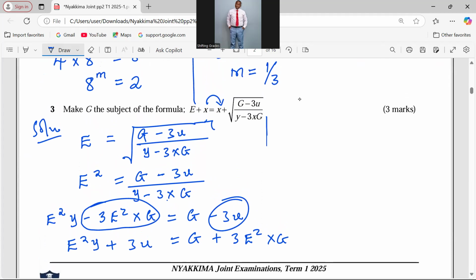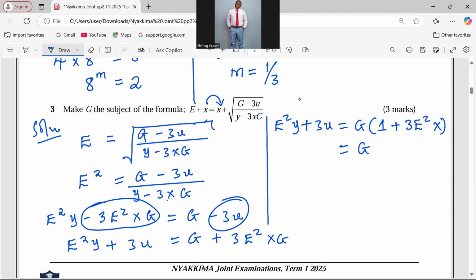Now, at that point, allow me now to factor out letter G. So I'm still having my e squared y plus 3 letter u. This is equivalent to letter G. Then we have 1 plus 3 e squared x. Yeah, we have factored out letter G. So at this point now, we can remain with the letter G, but we divide it through by whatever is in brackets now.